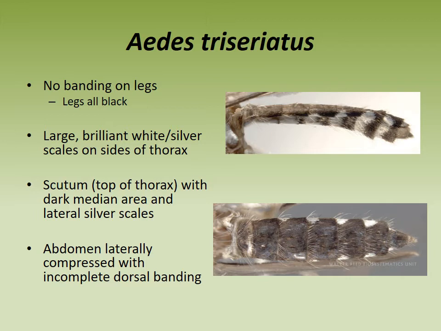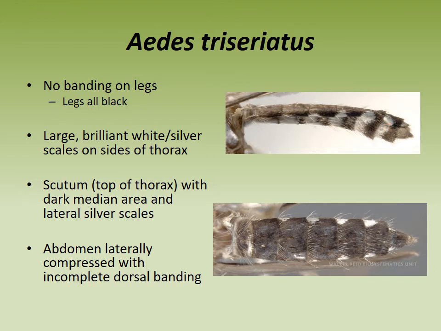The abdomen is laterally compressed, and so as we see this lateral view of the abdomen here, it's kind of pinched at the very last segments of the abdomen. It's kind of pinched laterally. You can see when looking from the dorsal side, these last segments are much thinner, but they're also much wider when you're looking laterally.